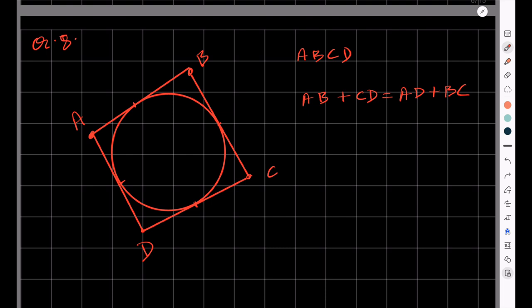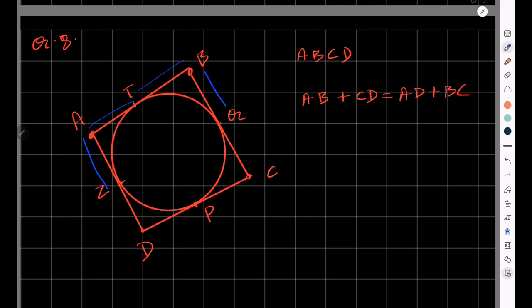Let us name the points where it touches the circle, the points of contact to the circle. Maybe let us call them T, Q, P, Z, for example. By the theorem of tangent, we know that, for example, AT and AZ should have the same length.